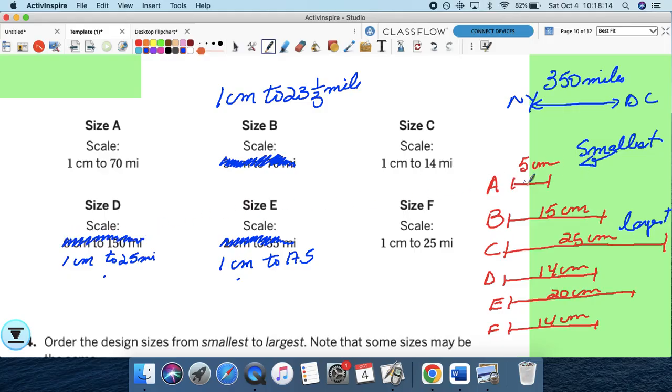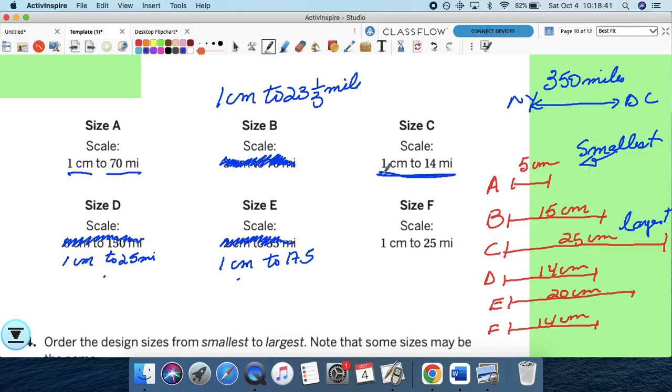So the smallest design, the smallest representation of 350 miles, happened to be scale A. And notice that in scale A, 1 centimeter represents 70 miles. The largest representation in the notebook had the scale of C, 1 centimeter to 14 miles.